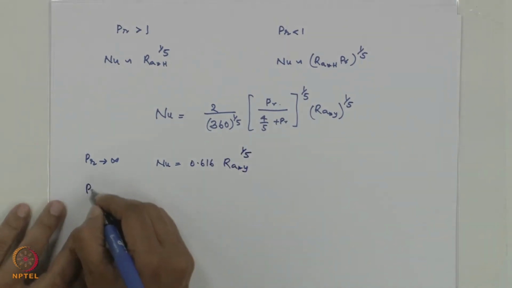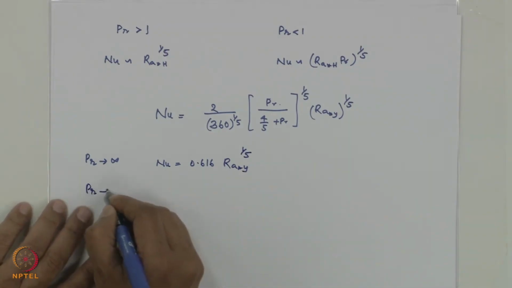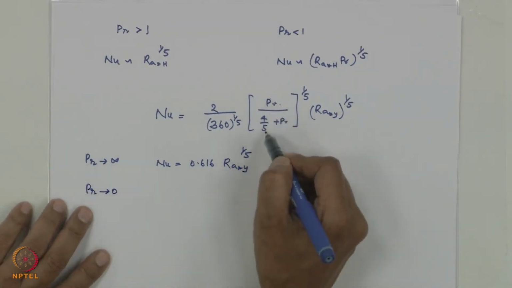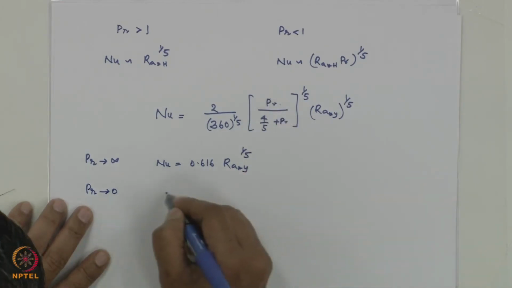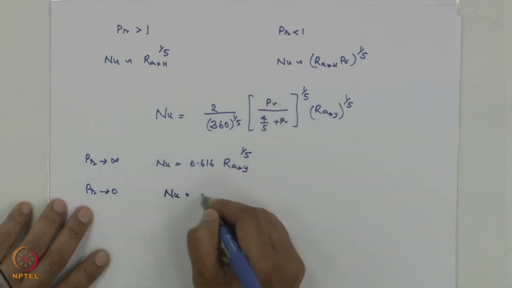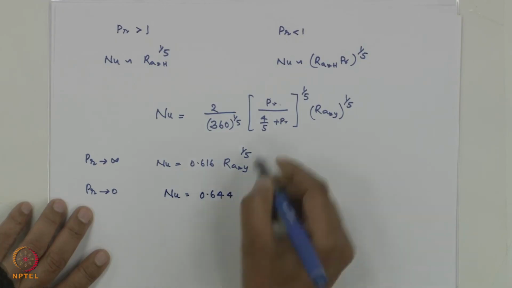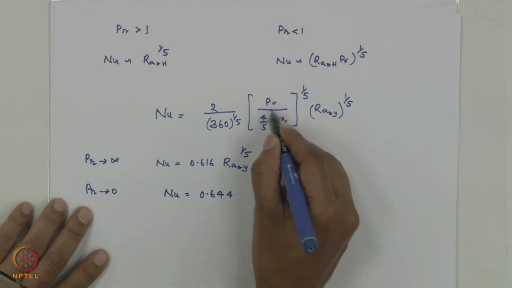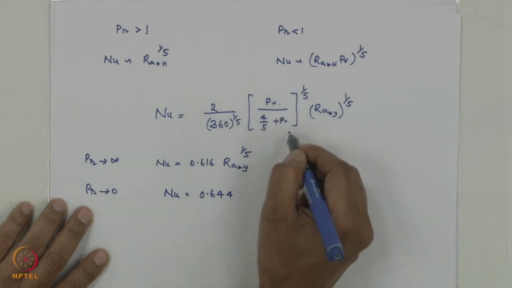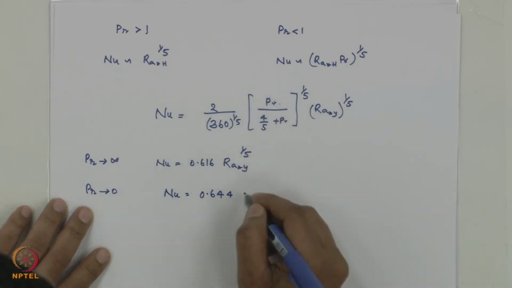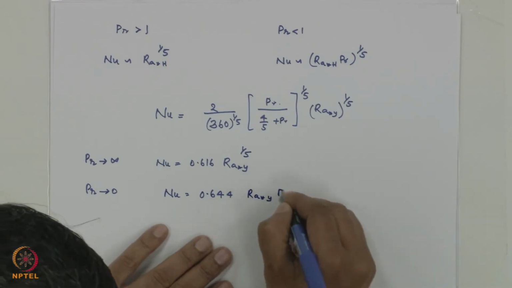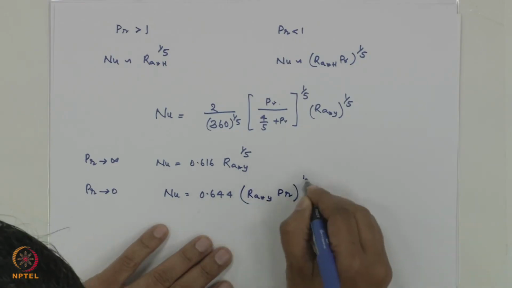Okay, and for Prandtl number tending to 0, Prandtl number upon 4 by 5, so you get Nusselt number equal to 0.644. 4 by 5 plus lowest Prandtl number, I can neglect this. So Prandtl number in the numerator I can retain, Prandtl number in the denominator I can remove. So I get Ra star y into Prandtl to the power of 1 by 5.